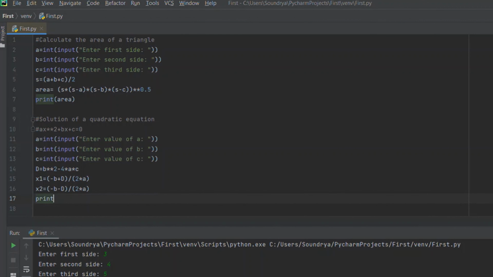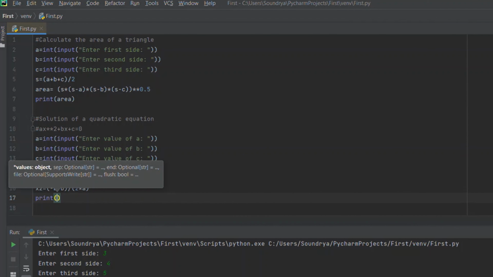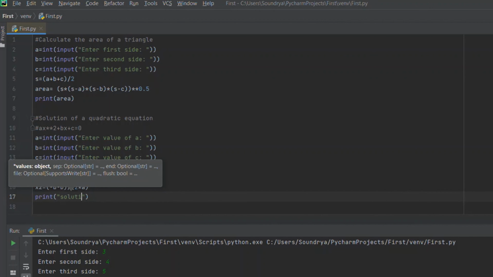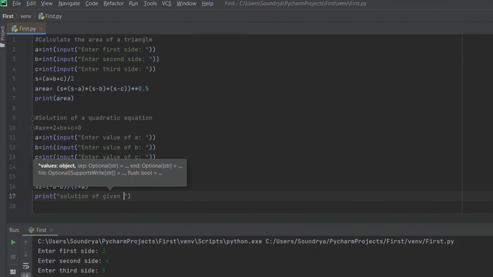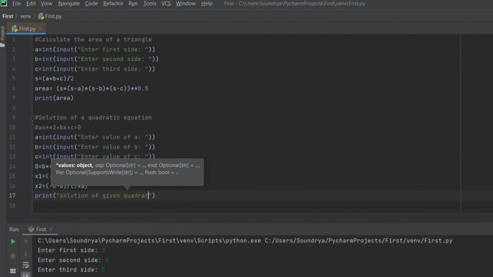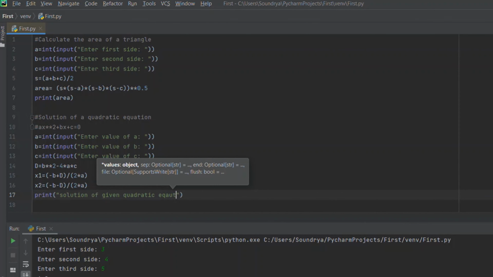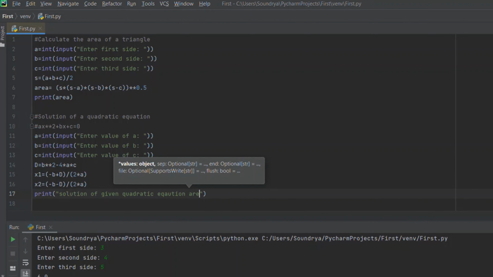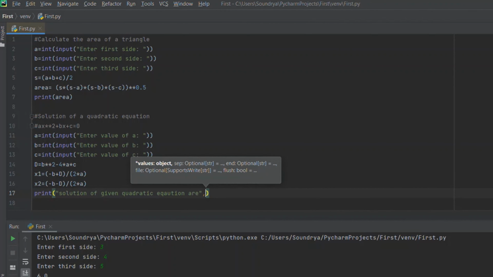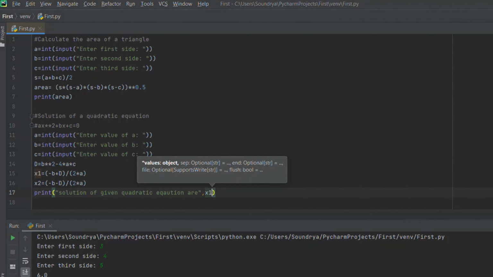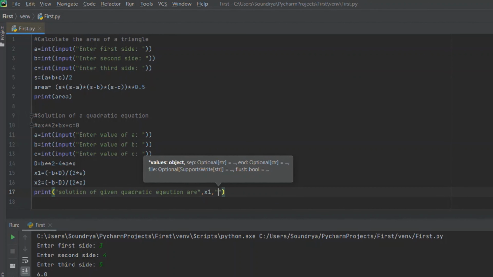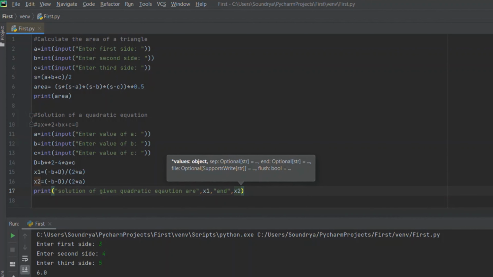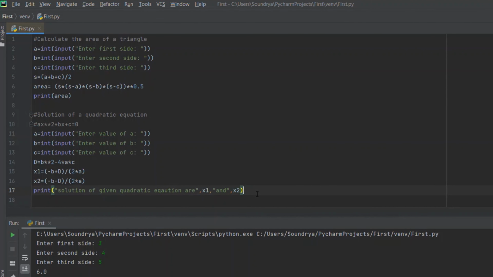Now let us print our answer as: solution of given quadratic equation are, comma, x1, comma, and, comma, x2. Let us print.